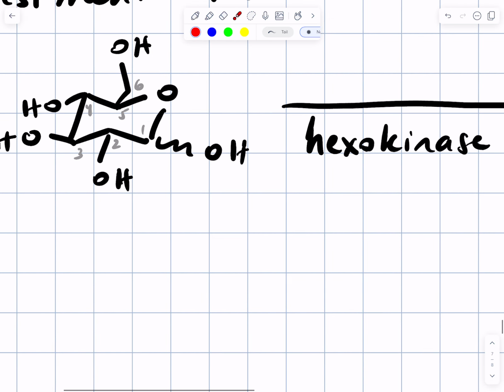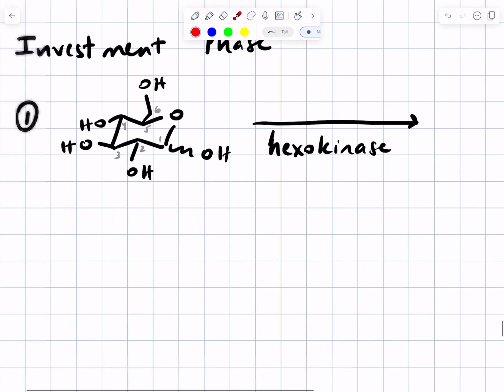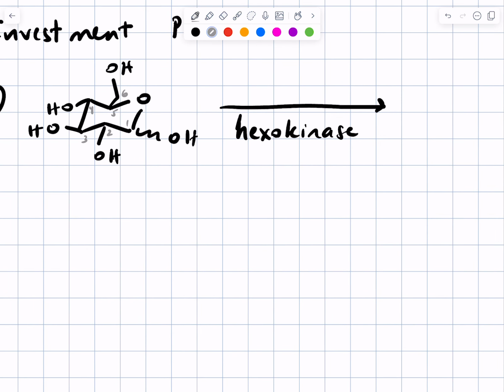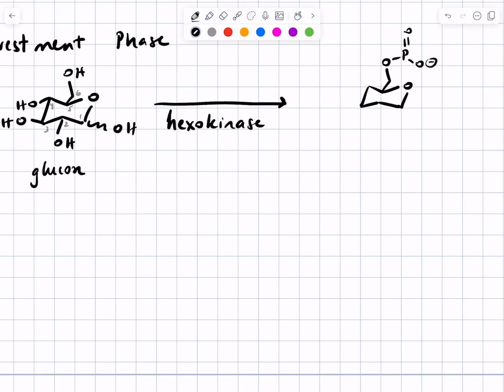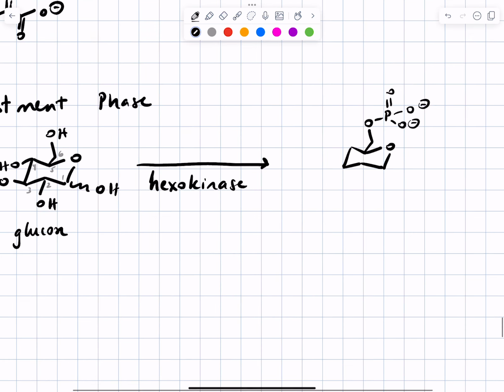It's that hydroxyl group that's outside the ring that is going to get the phosphate group. The product now converts glucose with the C6 hydroxyl group into the C6 phosphoester. So this new bond between oxygen on carbon 6 and phosphorus is called a phosphoester.